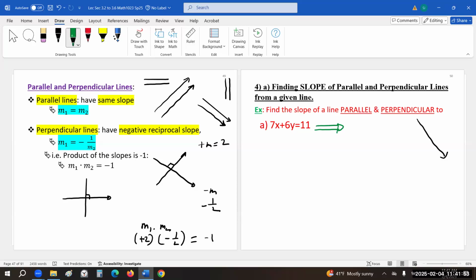How do we find slope from a standard form? We convert the equation into slope-intercept form. So we need to convert into y equals mx plus b format. Only this format tells us our slope.